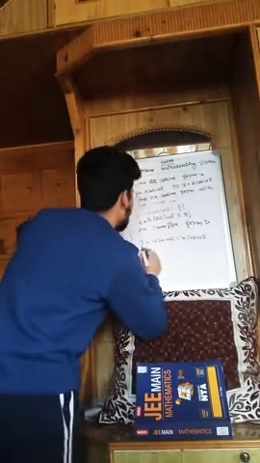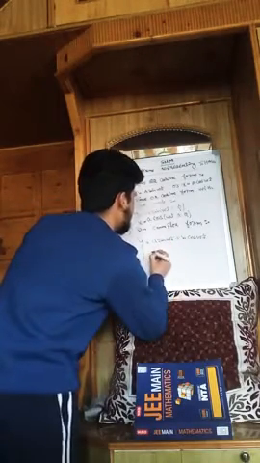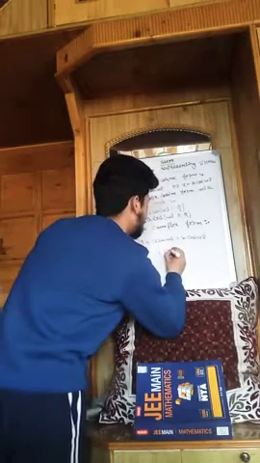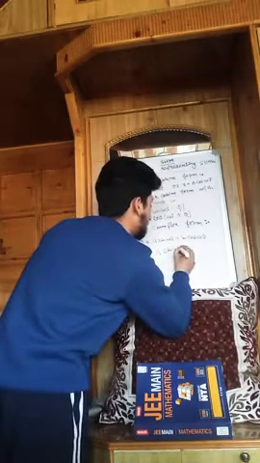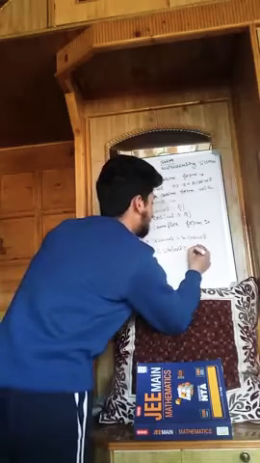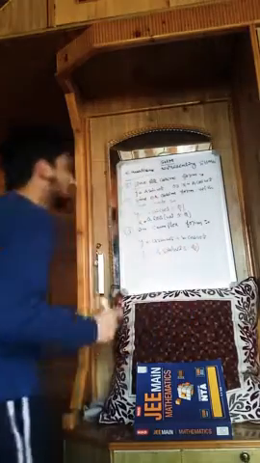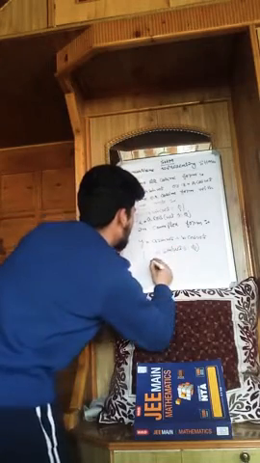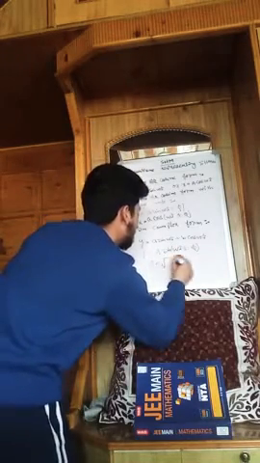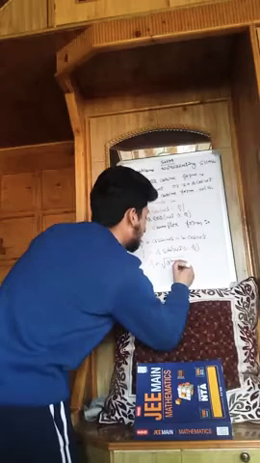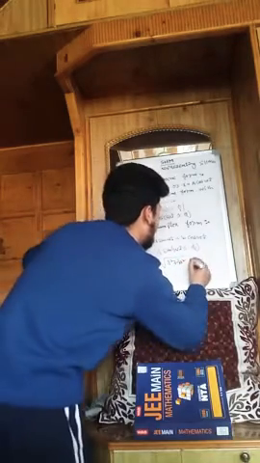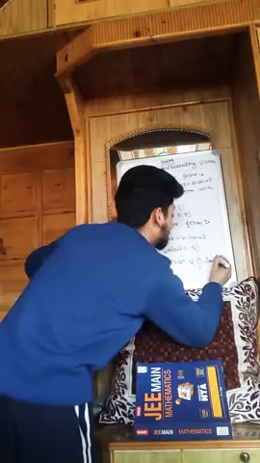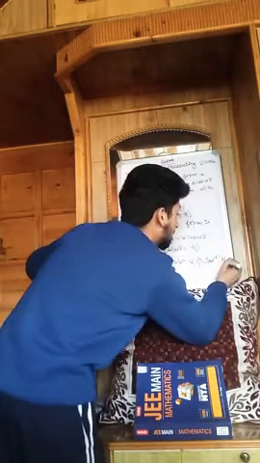This can also be written as y is equal to capital A sine of omega t plus minus phi, where these two are unknown. Capital A is equal to under root of a square plus b square, and phi is equal to tan inverse of b by a.